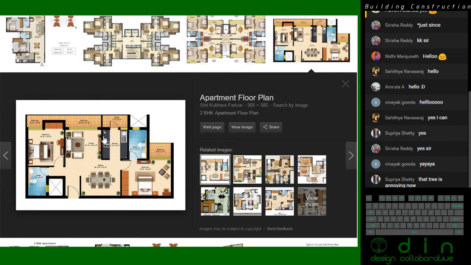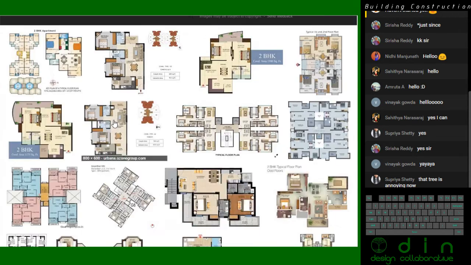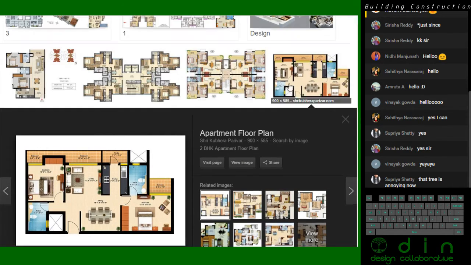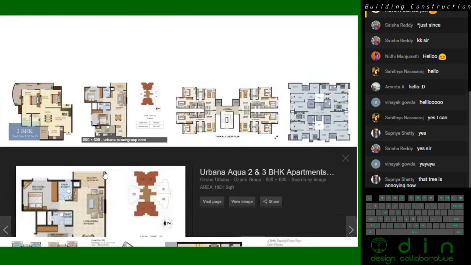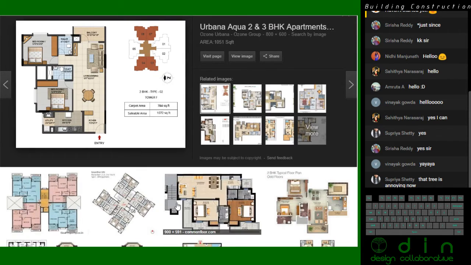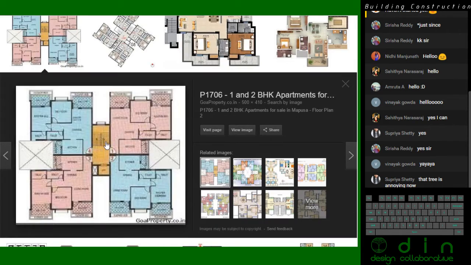Hmm, interesting-ish. Doesn't give us too many options. I'll explain what I'm looking for in these plans in a second. Okay, cool.